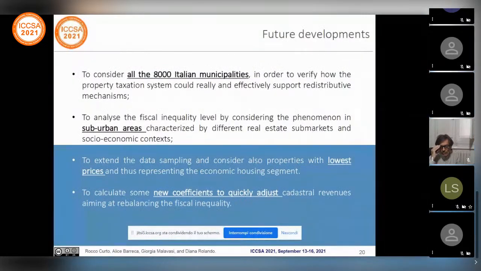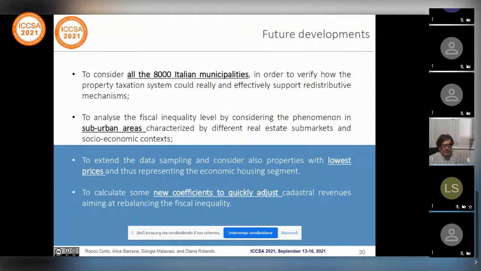Our research can be developed and improved in the future. For example, by considering all the 8,000 Italian municipalities, or by analyzing the fiscal inequality indicators not only at municipal level, but inside the city.